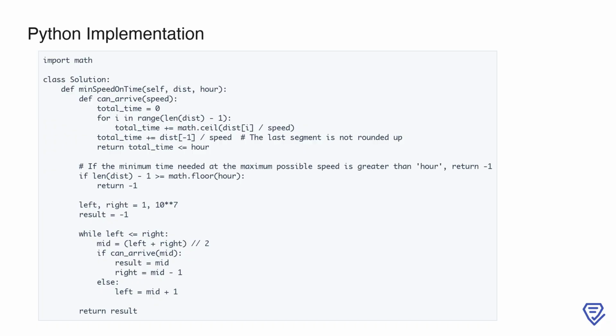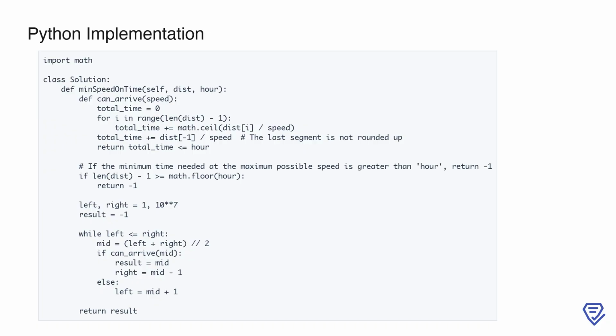Once the binary search concludes, result will contain the minimum speed required or -1 if no valid speed was found. This approach is efficient due to the logarithmic nature of binary search, making it well suited for scenarios where the search space is large. The time complexity is O(n * log(max_speed)), where n is the number of segments and max_speed is the maximum possible speed, 10 to the power of 7.